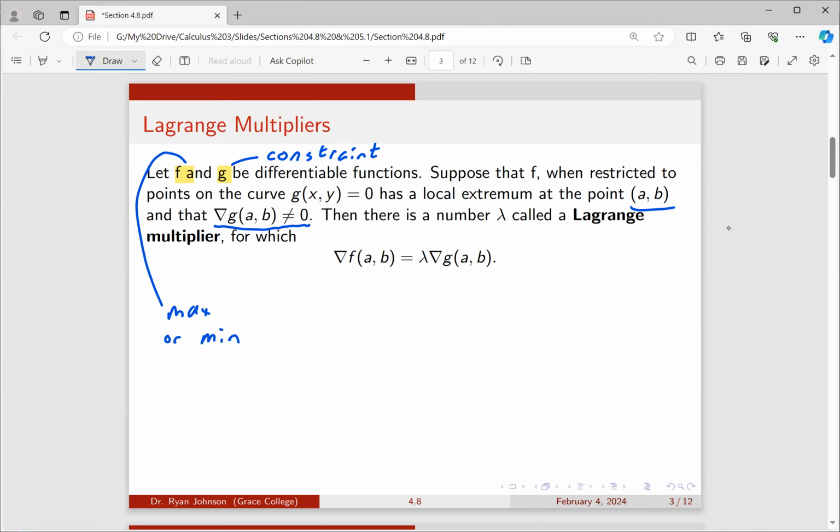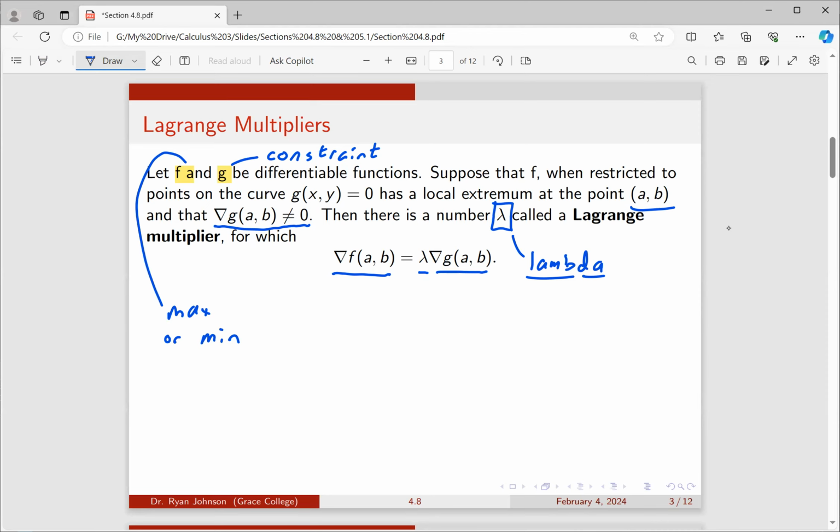Then there's a number, this Greek letter lambda, pronounced like the baby sheep, and that lambda is called a Lagrange multiplier. And so we use the gradient of f equals a constant times the gradient of g.